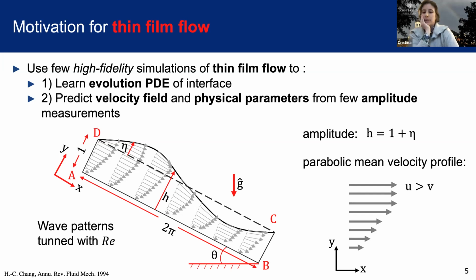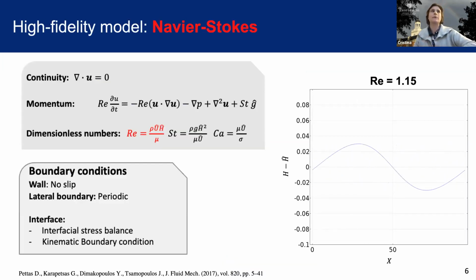Some of them are black box models that don't have any physical insight, and some of them have some physical insight from the Kuramoto-Sivashinsky equation. And then we also derive models for computing the amplitude, the full field velocity, or the flow parameter, in this case the Reynolds number, from only partial measurements of the amplitude of the film. So this is the general objective of the paper.